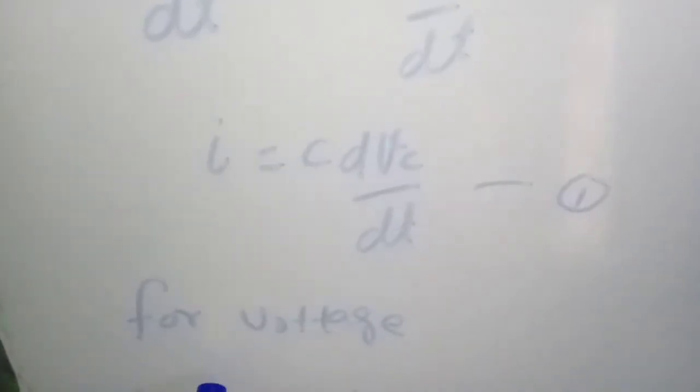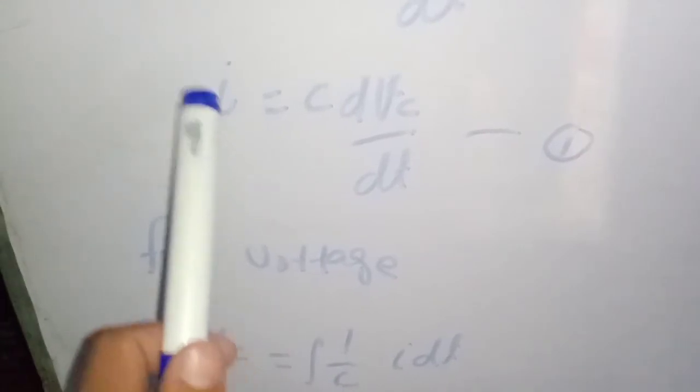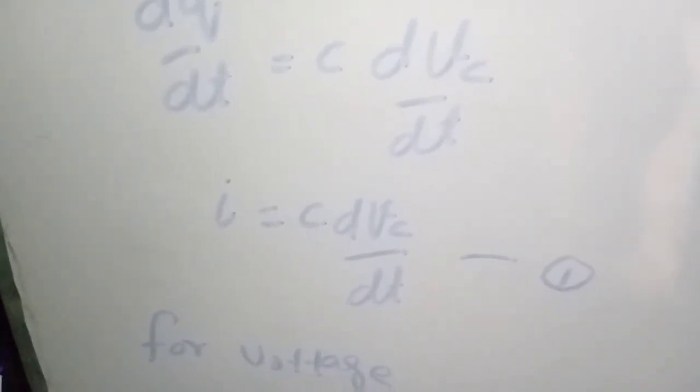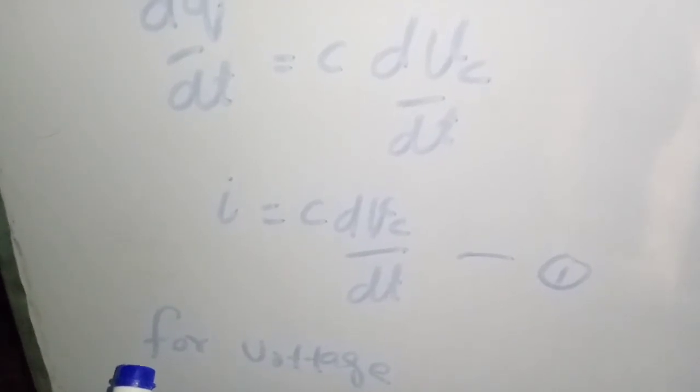Now I go to the calculation for the voltage. This equation is rearranged as dVc equals i dt upon C. Here dVc is a differential voltage, meaning it is a sub part of Vc, not the total Vc. For example, when we write 5 equals 2 plus 3, then 2 and 3 are parts of 5.